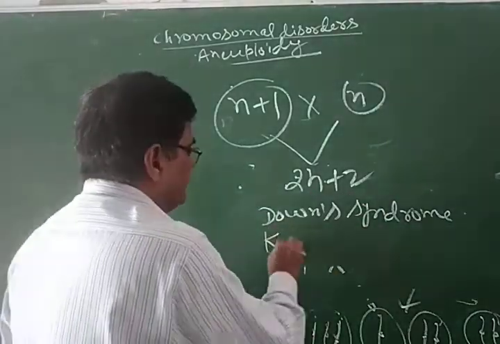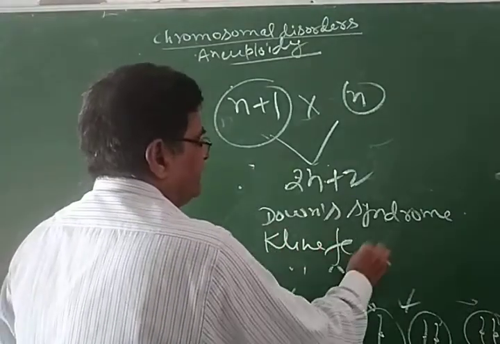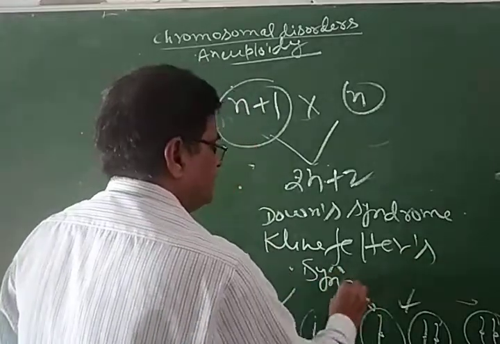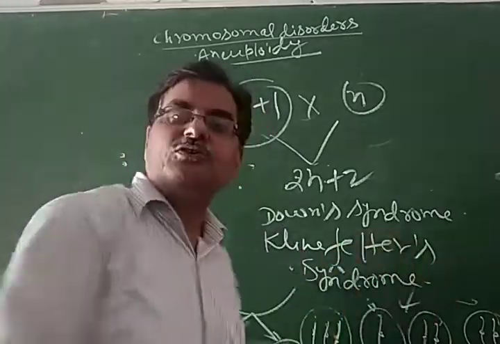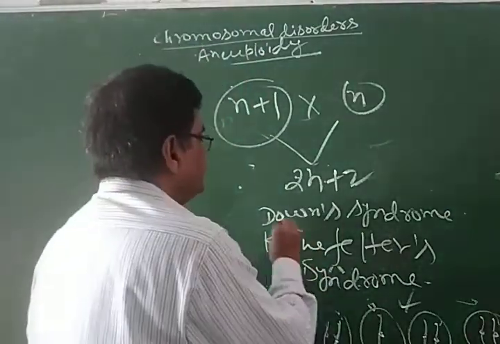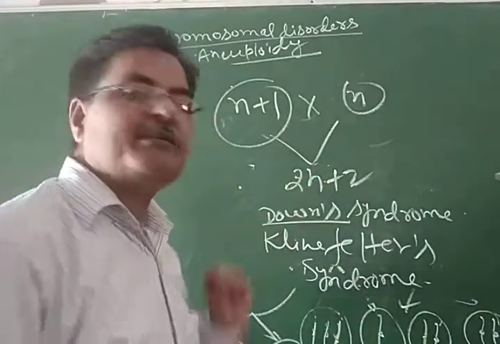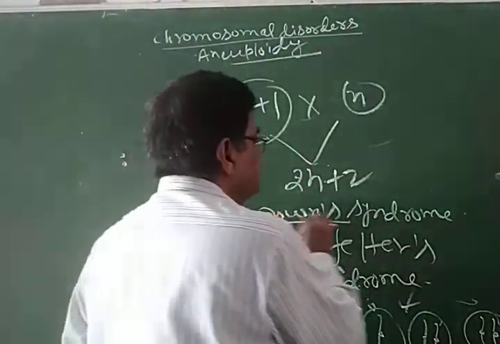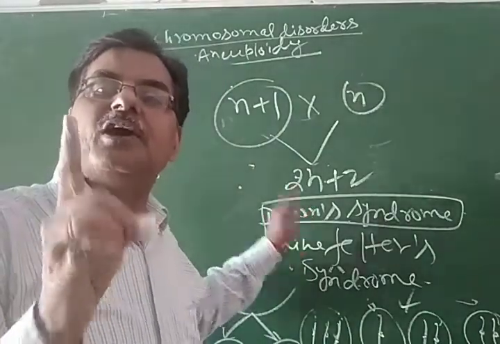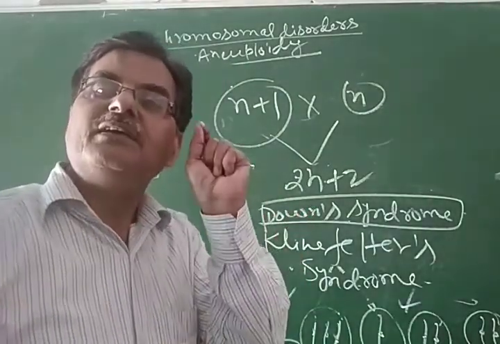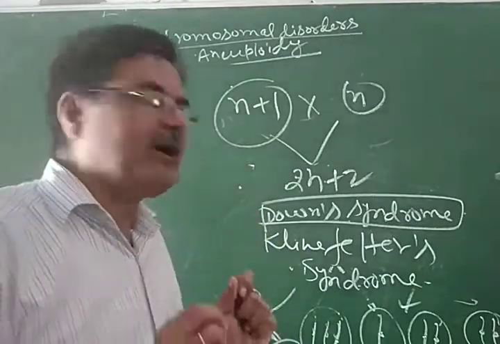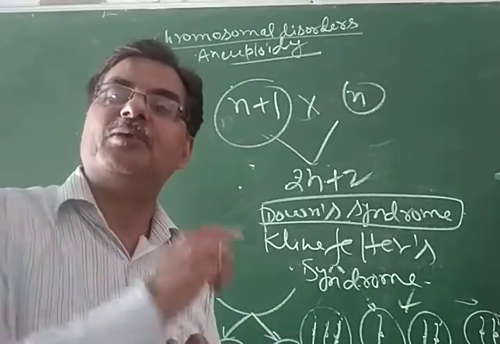Likewise, Klinefelter syndrome. This is also a trisomic condition. So these are the different disorders. Both are trisomic. But in Down syndrome, what actually occurs? The 21st chromosome is duplicated, meaning it is found in 3 copies.